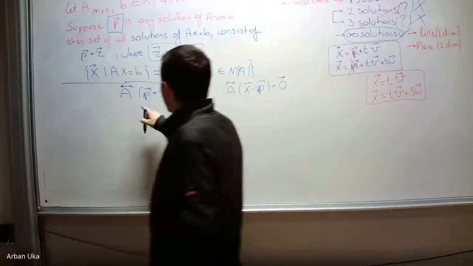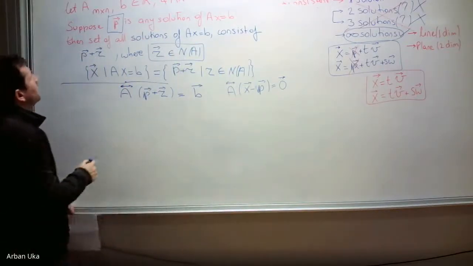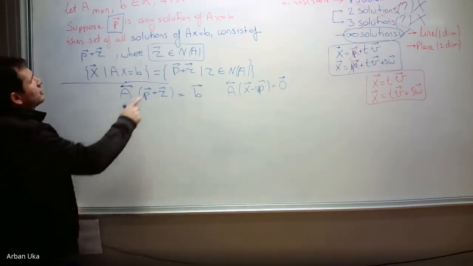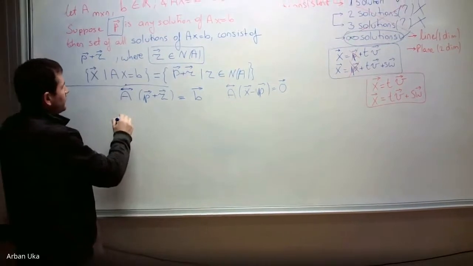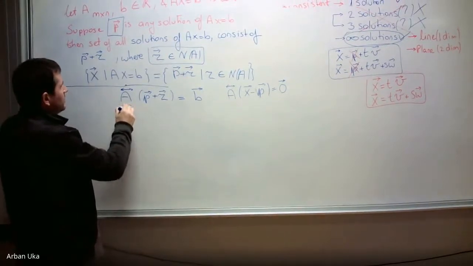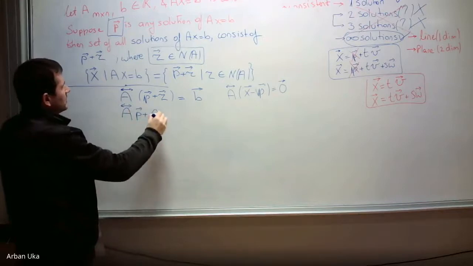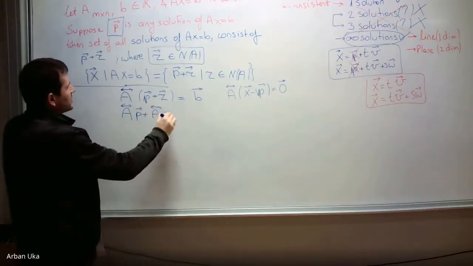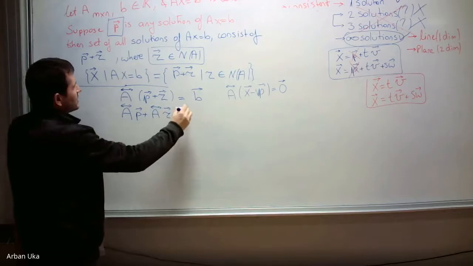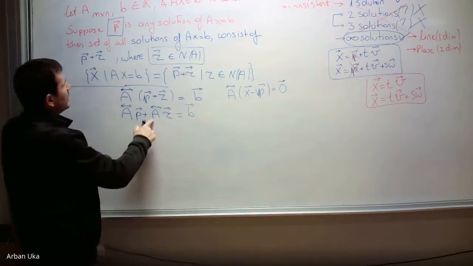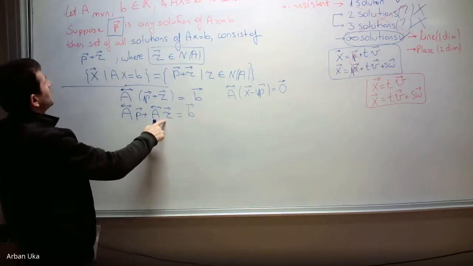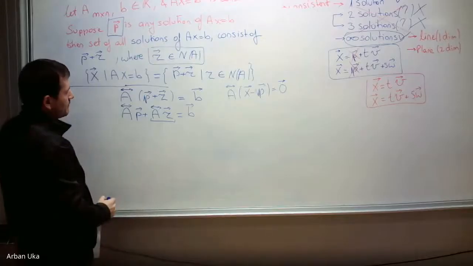Let's see. A times X, where X is a solution of Ax equals B, plus A times, this is equal to now A times X. What was this? 0.